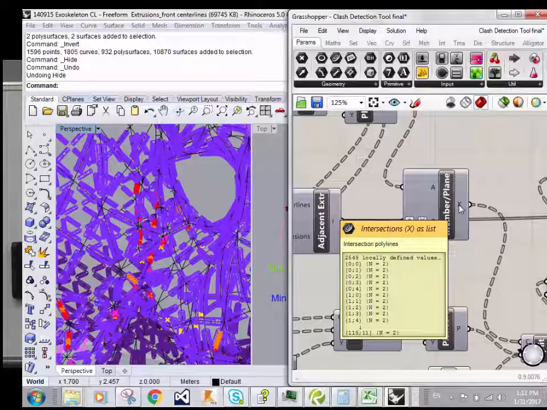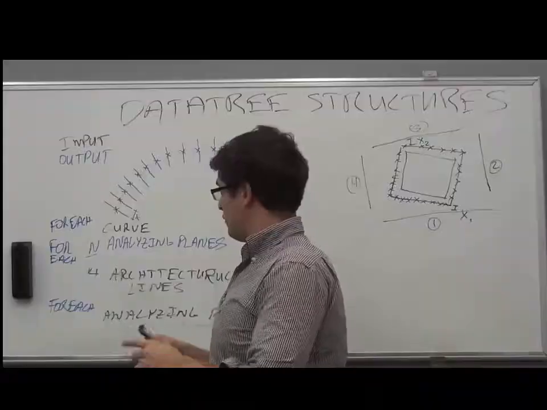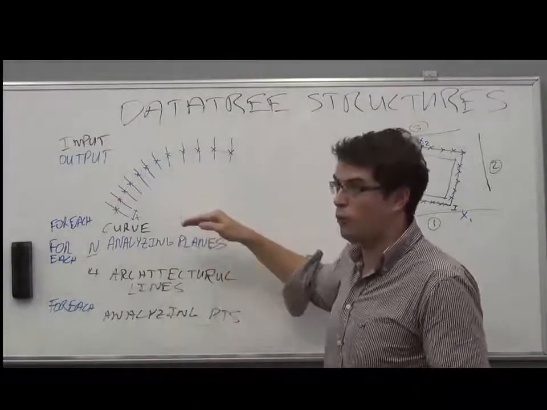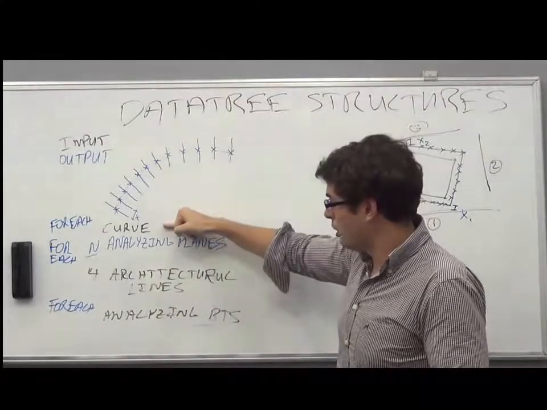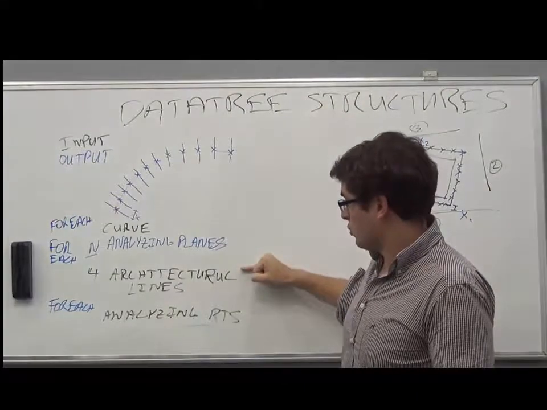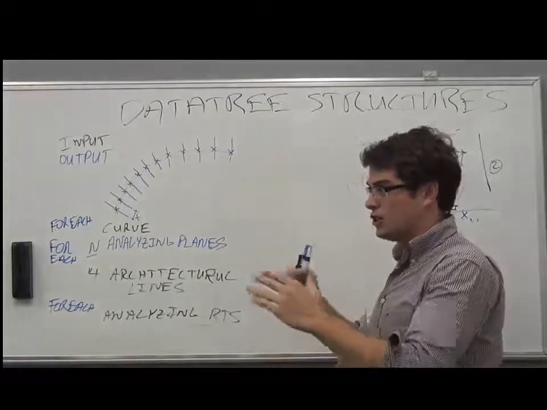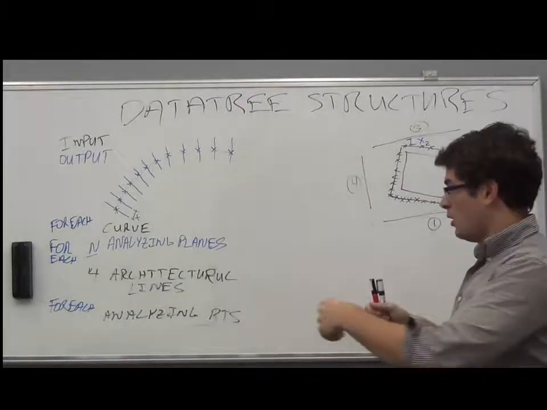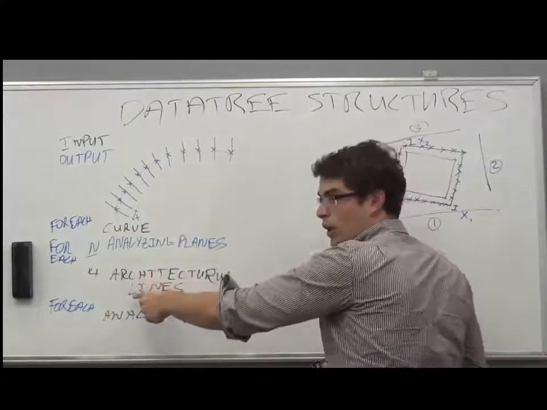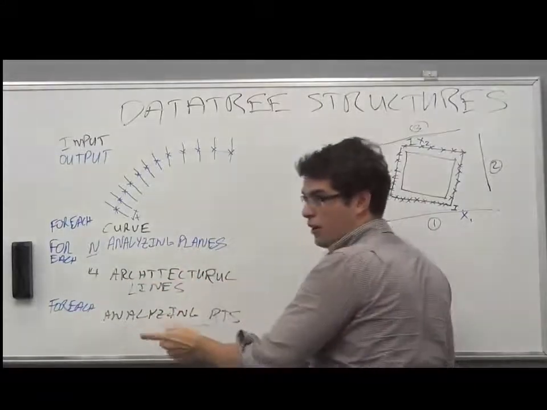So, for instance, for each curve, I have it in here, the pecking order of what I care about here. I'm going to feed in curves, I'm going to feed in some architectural information, and then I'm going to feed in points. In that order, that's the way I need to be thinking. The curves govern where the architectural lines are, govern where these are, okay?